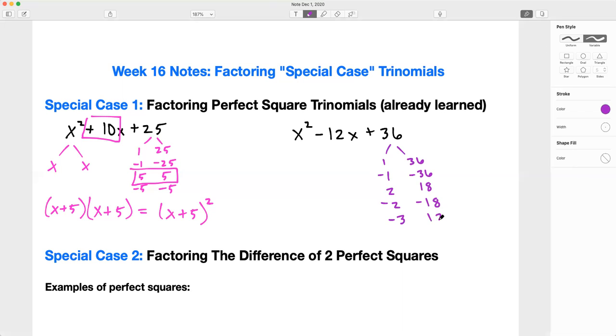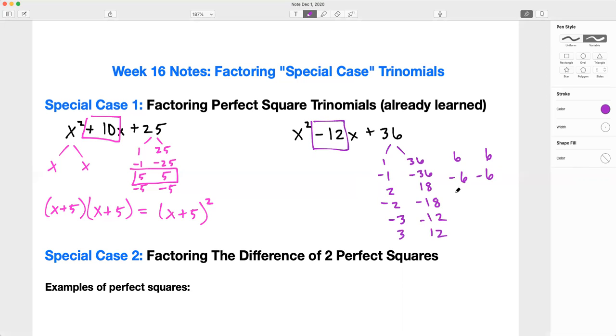Let's see. Oops, I kind of did that wrong here. 6 and 6, -6 and -6. And when I'm going through all these factors, I am trying to see which pair adds to -12 right here.